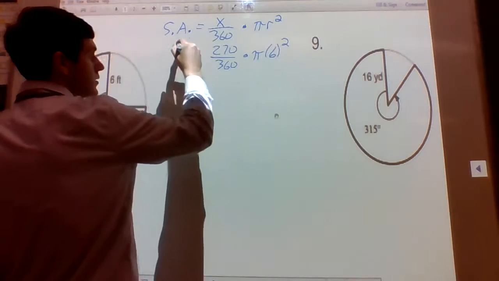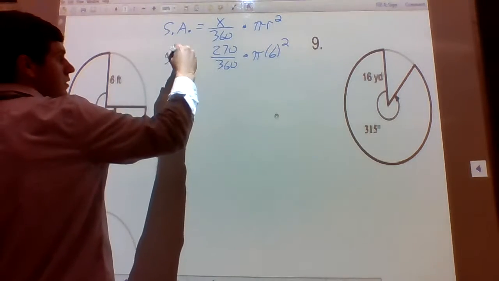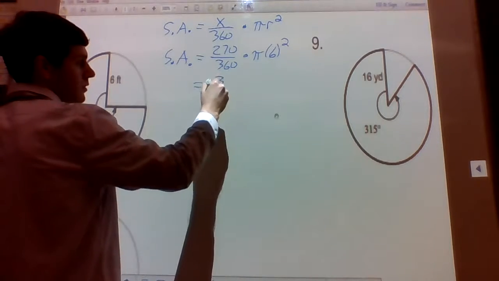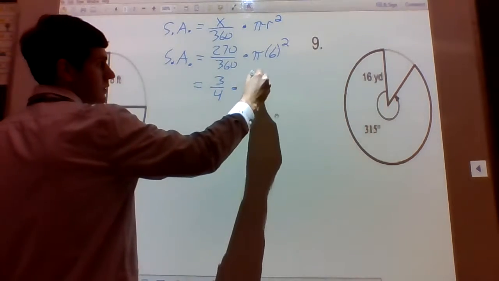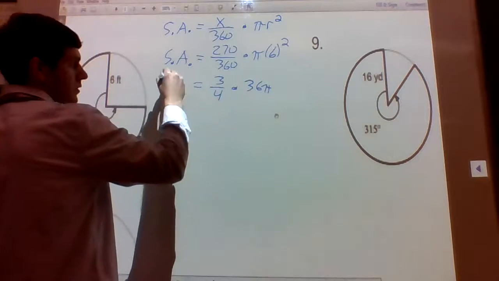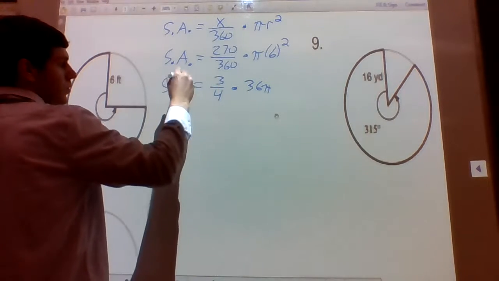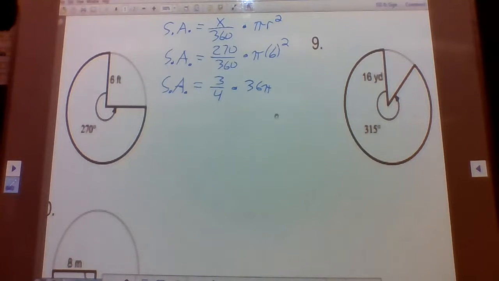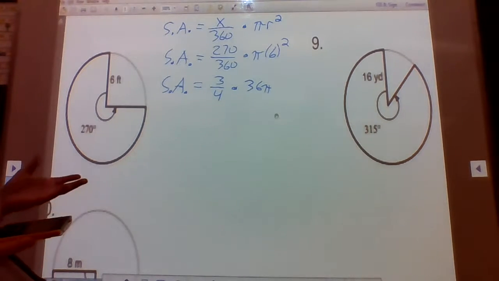So again, that's 3/4 times 36 pi. So the area of the whole circle is 36 pi, which is about 113.